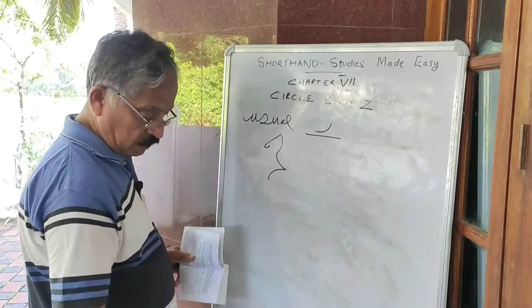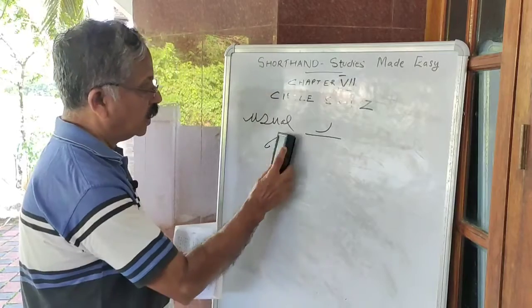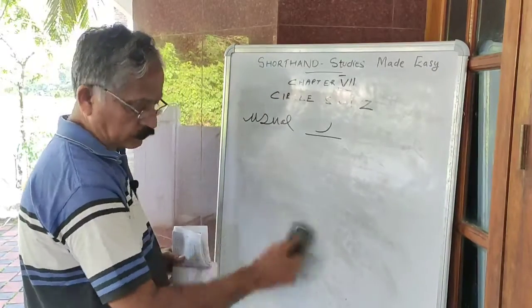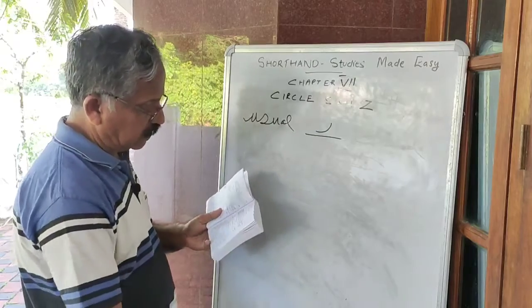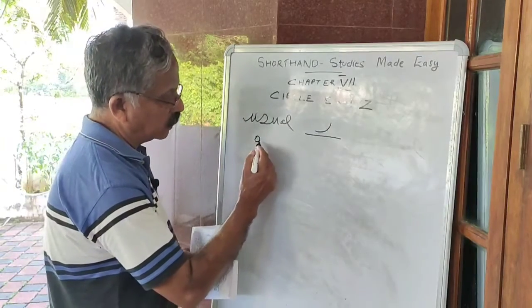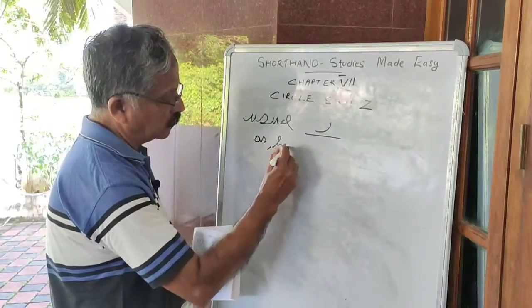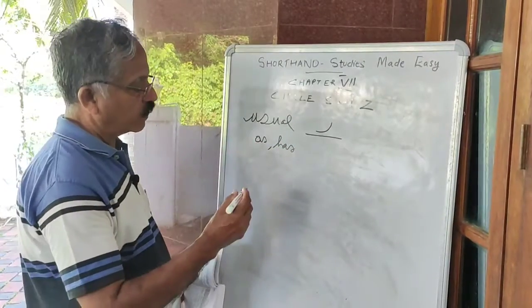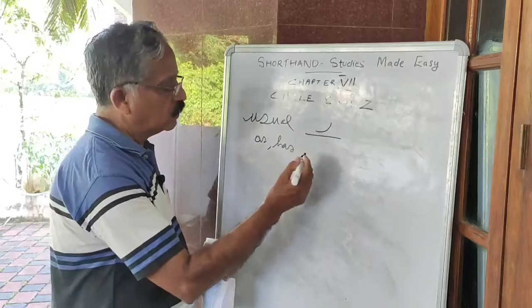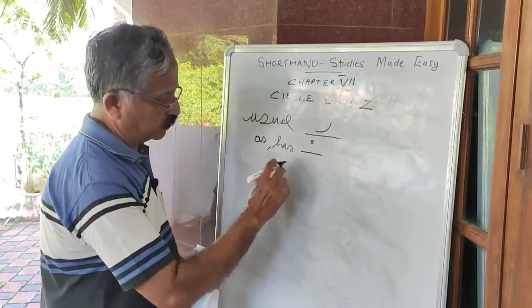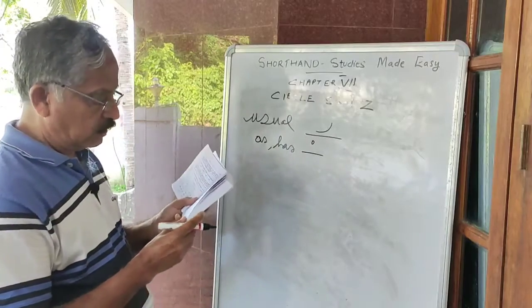Now as and has. For writing as and has, a small circle above the line represents as and has.